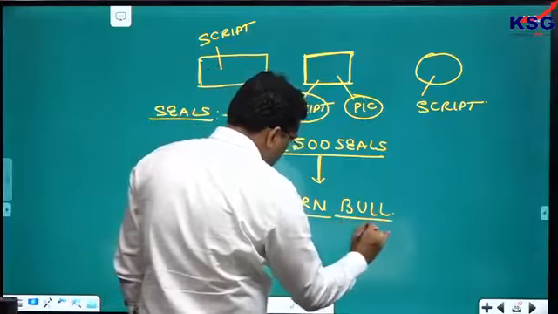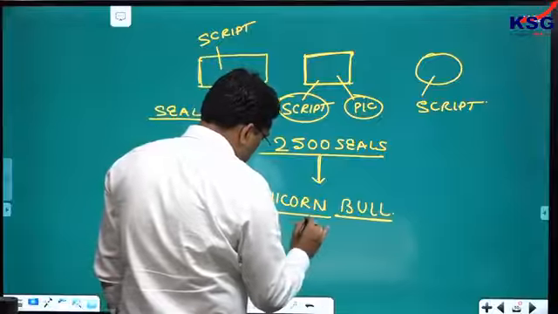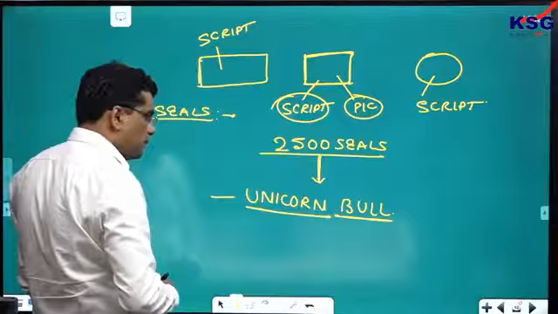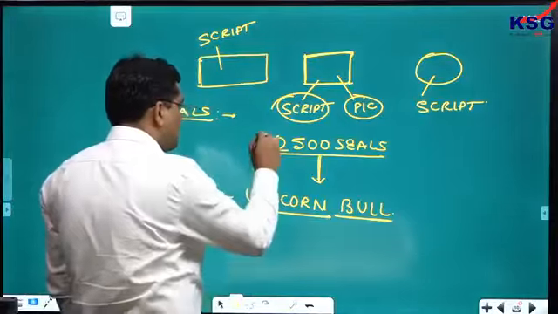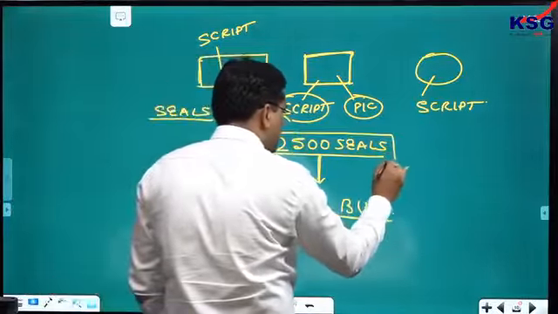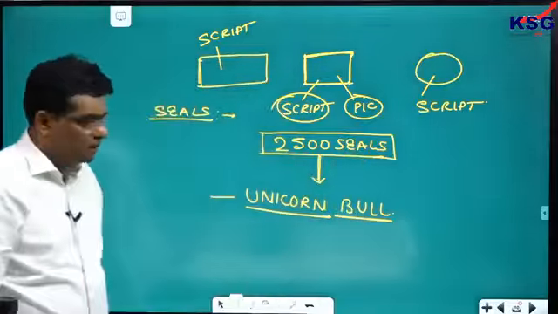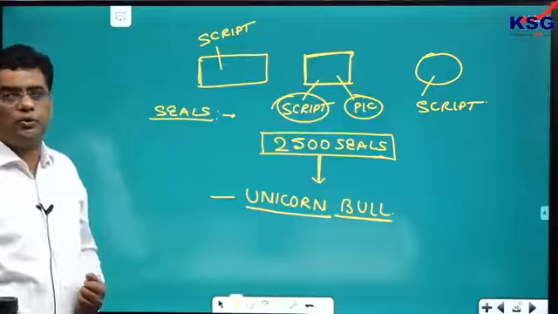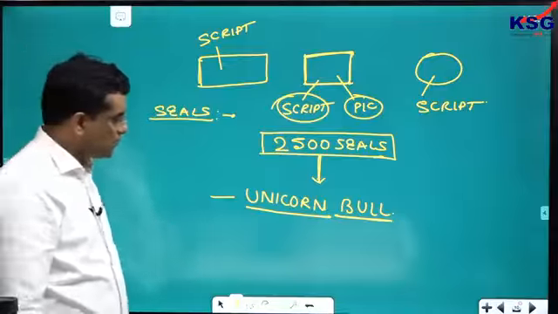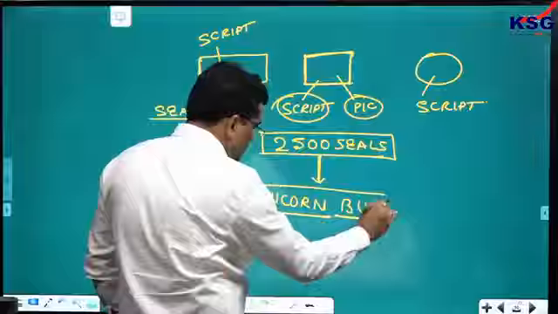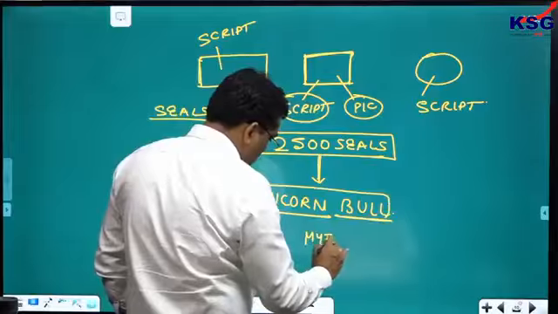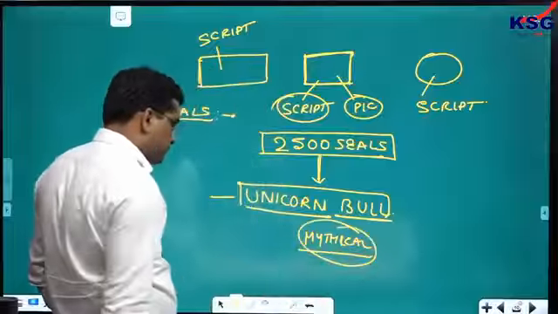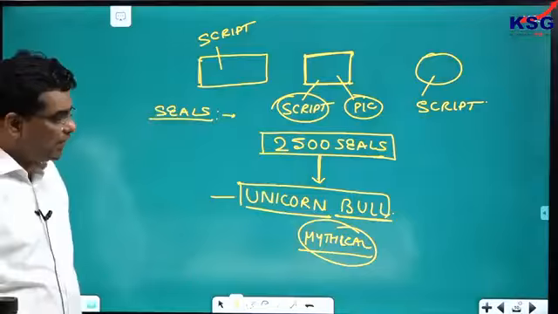The bull has one horn. This is not a rhino, but a unicorn bull. The majority of the seals show this unicorn bull. This is a mythical animal worshipped by the Harappans.